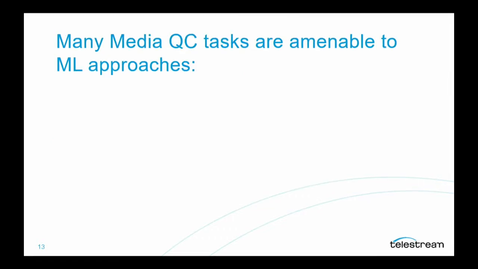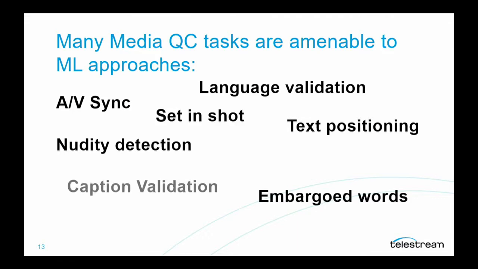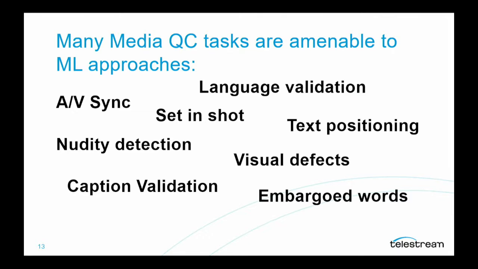So there are many media QC tasks that turn out to be highly amenable to ML approaches. Language validation, text positioning. People have touched on a lot of this stuff before in different contexts, but this basic information that we can extract is very useful for all these kinds of QC processes.